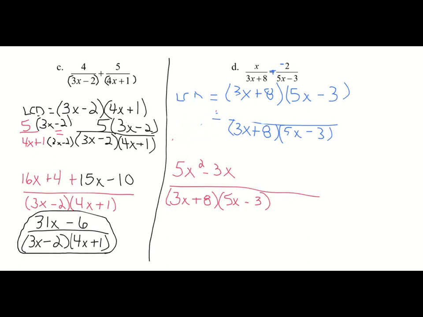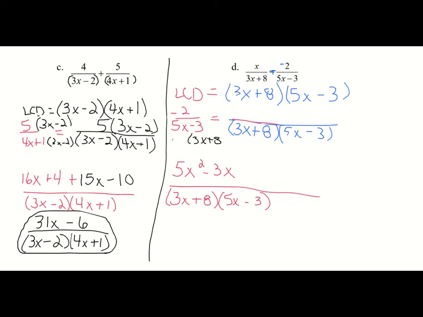Okay, next, we need our LCD for, we have negative 2 over 5x minus 3. And I have to have this LCD, 3x plus 8 times 5x minus 3. So for this one, I am missing 3x plus 8.